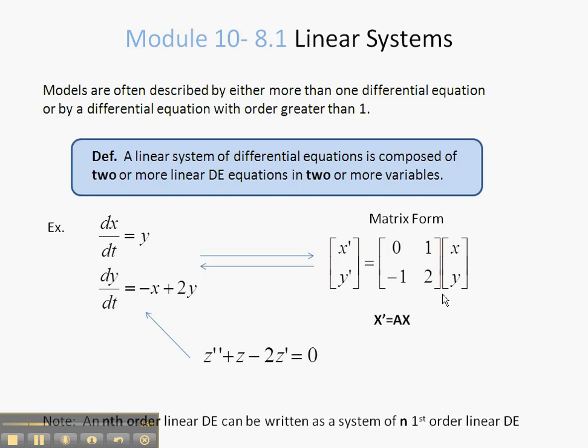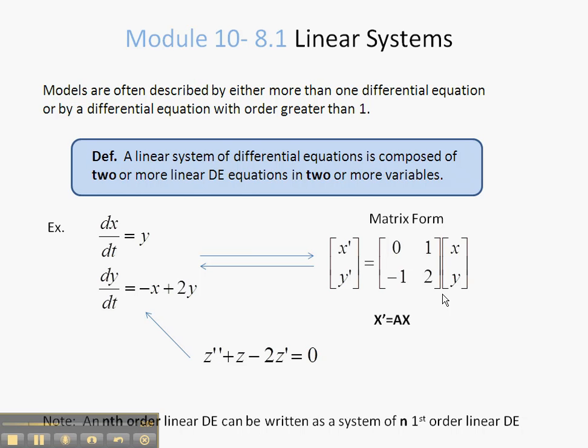Something else that I'm not going to ask you to do, but I want you to be aware of, is that if I have a linear differential equation of any order, say in this case of order 2, I can write it as a system of linear differential equations of as many equations as I had the order. So if I had second order, then I will have 2 linear differential equations.